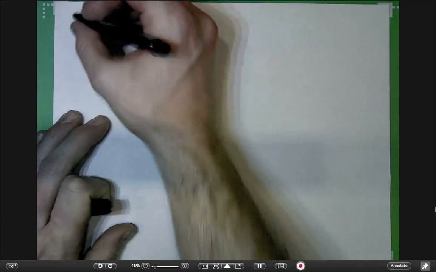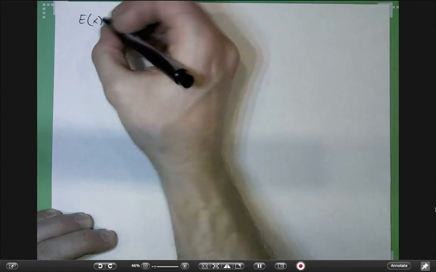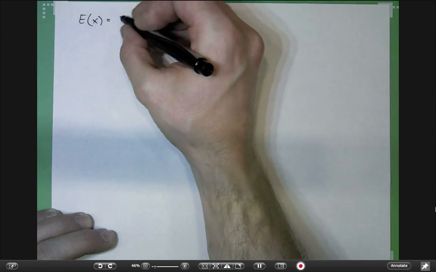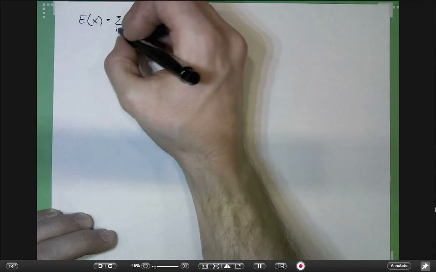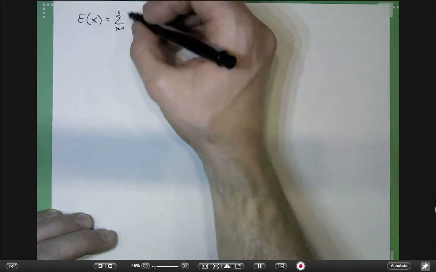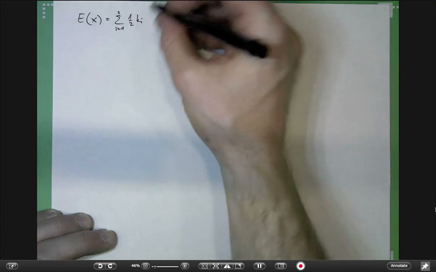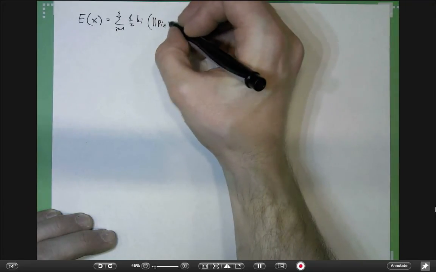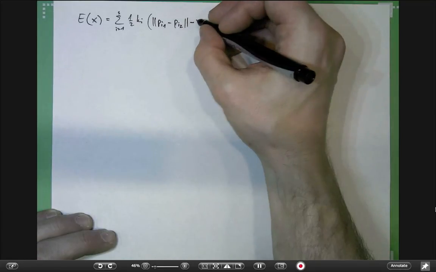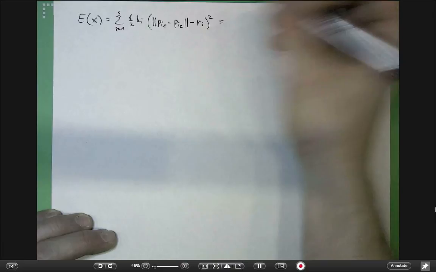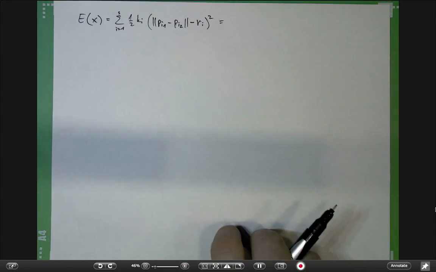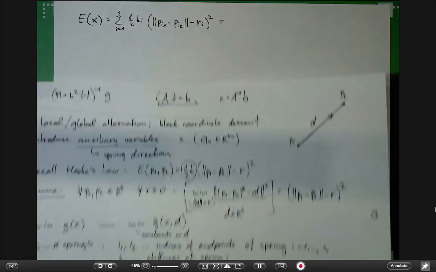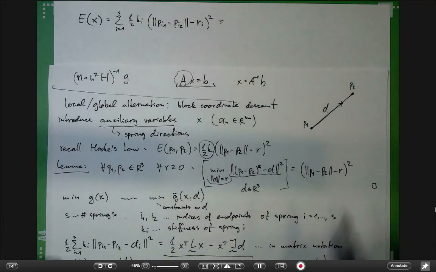So if I'm simulating a mass-spring system, and x is an arbitrary state, then the potential was just the sum of all individual springs, right? Going over all springs from 1 to s, taking the stiffnesses nicely into account, and this is the standard Euclidean potential, norm minus r_i squared. So I can write it using this result I just derived. Sort of cool.